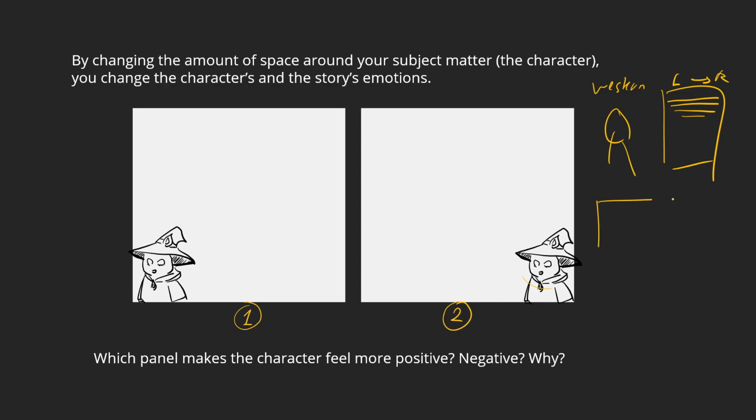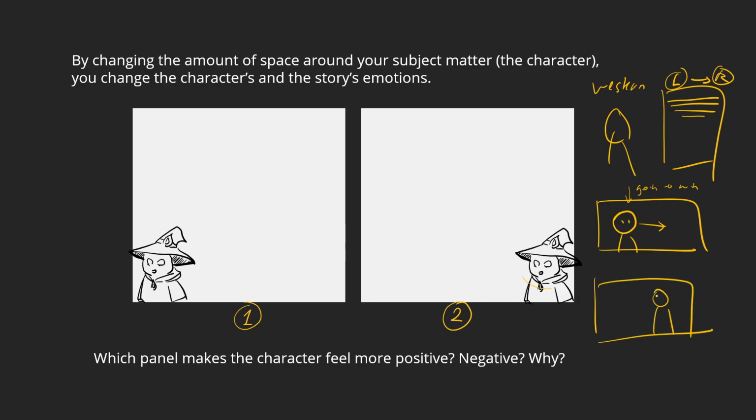So historically, when you have a character here looking this way, we are biased to think that this guy is going to win because he is going from left to right. But when you have a character going right to left, it feels like he's going to run away.